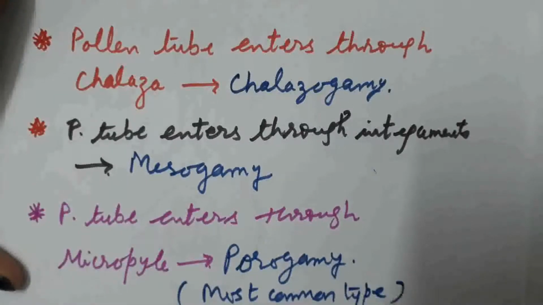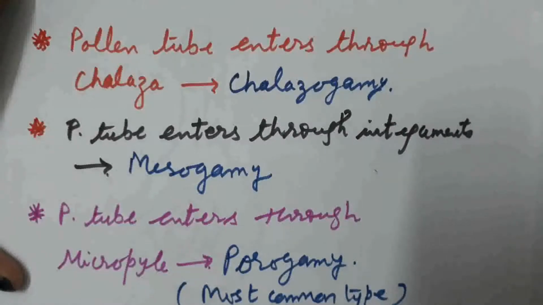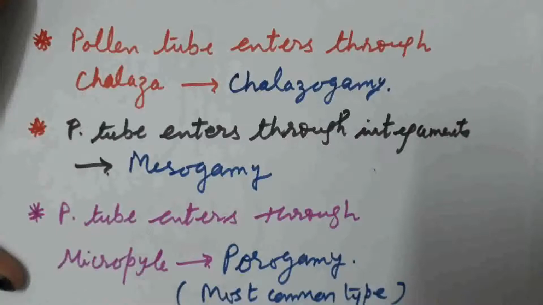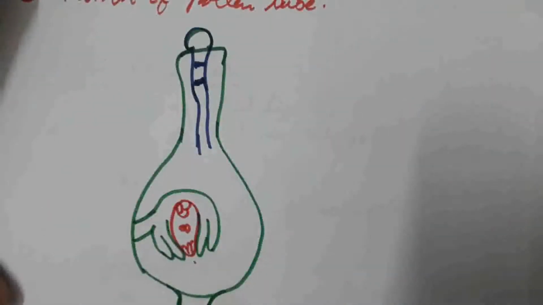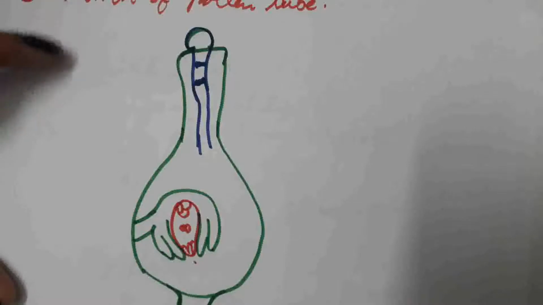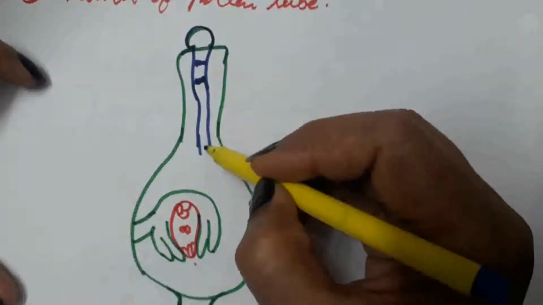In the majority of plants, the pollen tube enters inside the embryo sac through the micropyle. So porogamy is the most common type, through which the pollen tube enters inside the embryo sac through the micropyle and releases two male gametes inside the embryo sac. What we studied here: growth of the pollen tube takes place and the pollen tube enters through the chalaza.